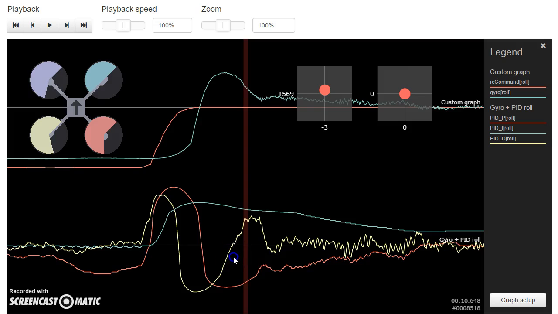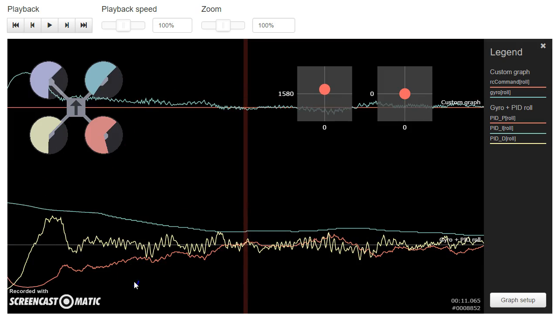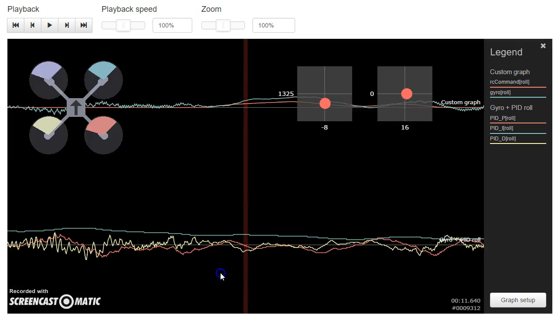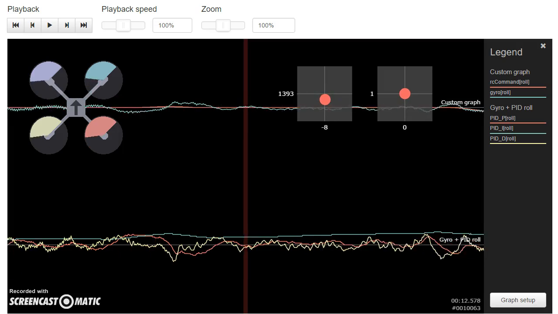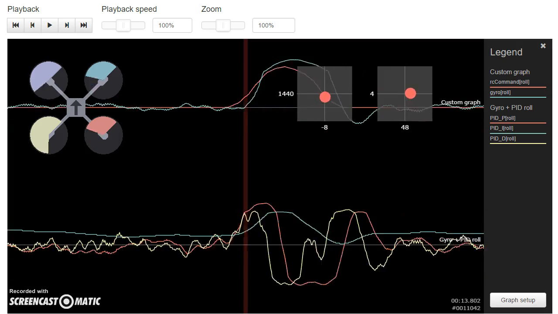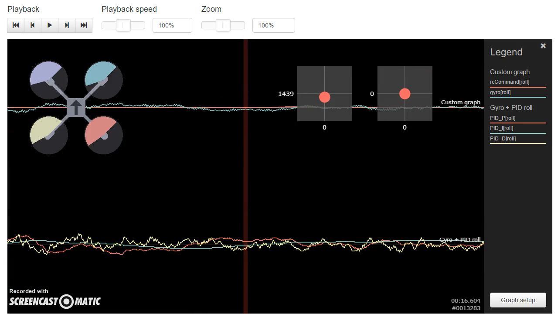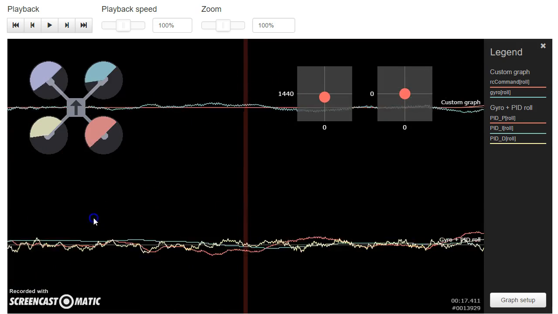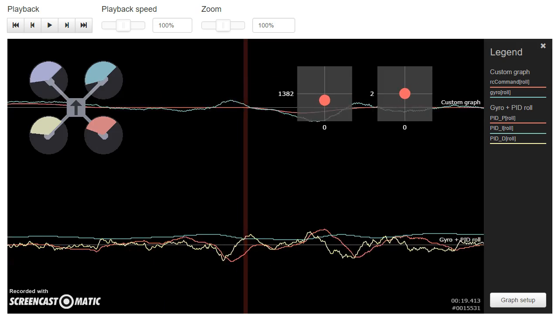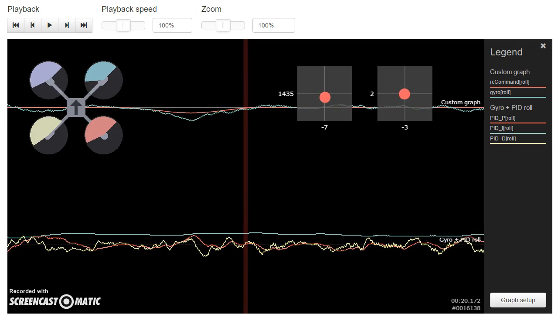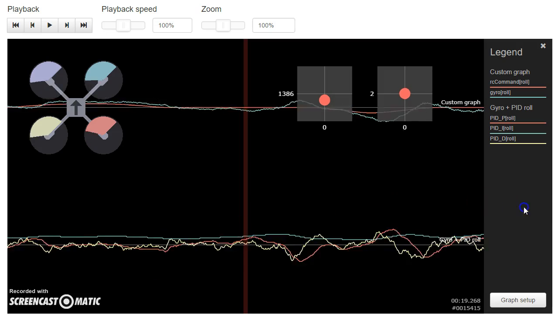So I think the D-term filter may be the place to look for answers. Your D term doesn't look very noisy. You could always experiment with lower D-term cut hertz. You're at 13 now, maybe try a 10 or 11 and see if that improves things.